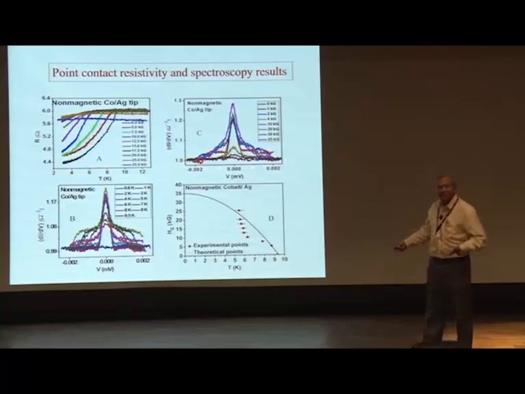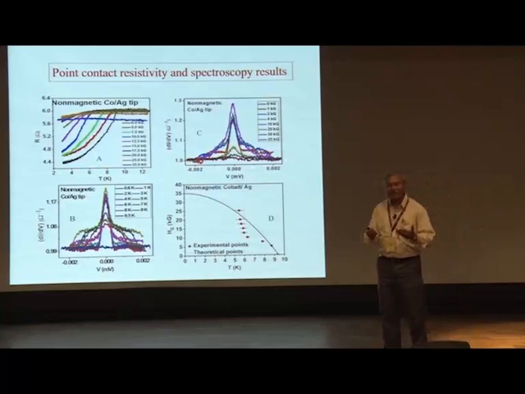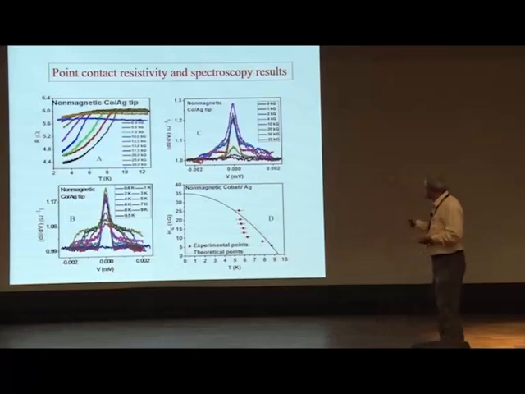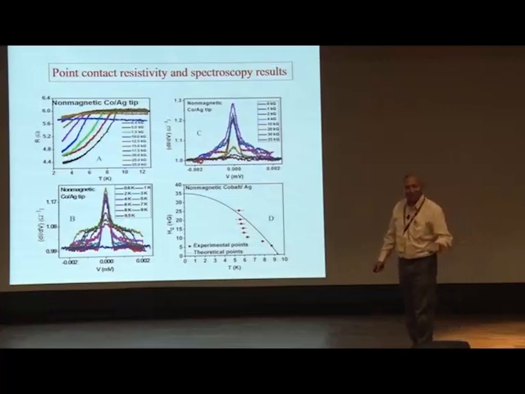That means you don't have this conductance enhancement. That also tells you that now you have a contact between two normal metals, so you have gone above the superconducting transition. This is as a function of applied field. If you do the same as a function of temperature, this conductance peak goes to 0 at 9.5 Kelvin, while here the transition is 9.2 Kelvin. So you have gone just above the superconducting transition temperature.